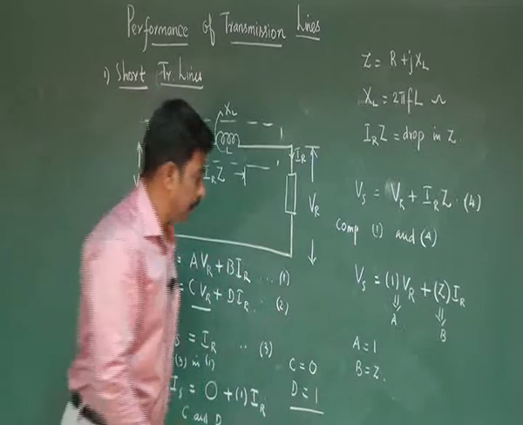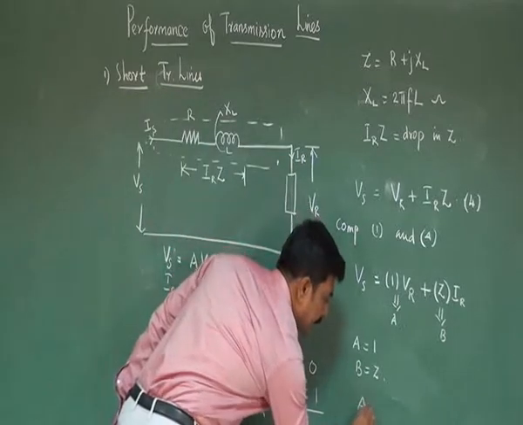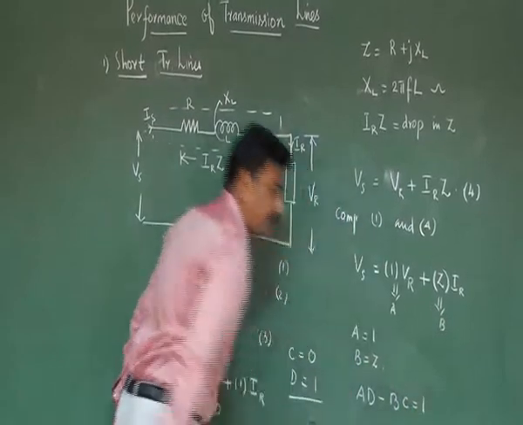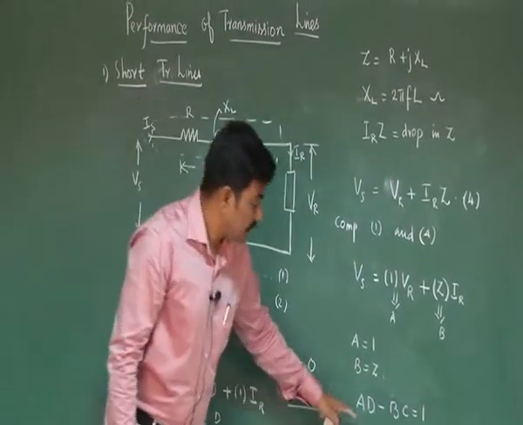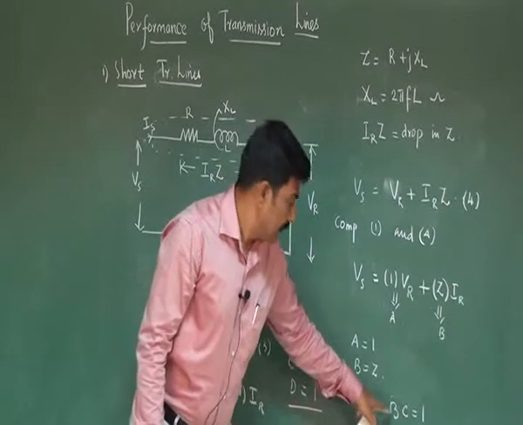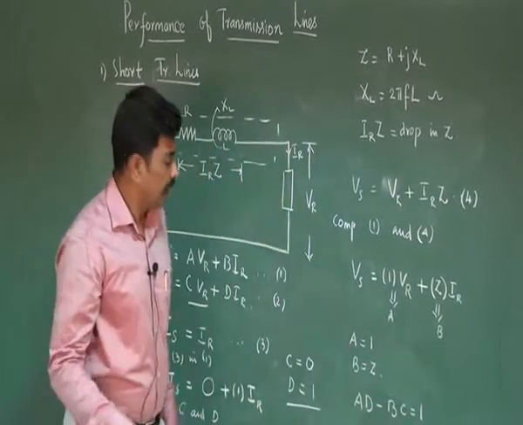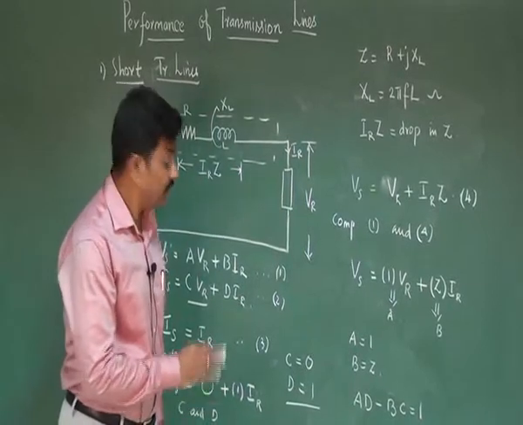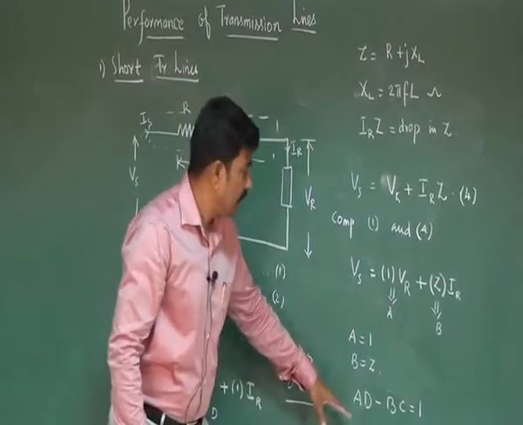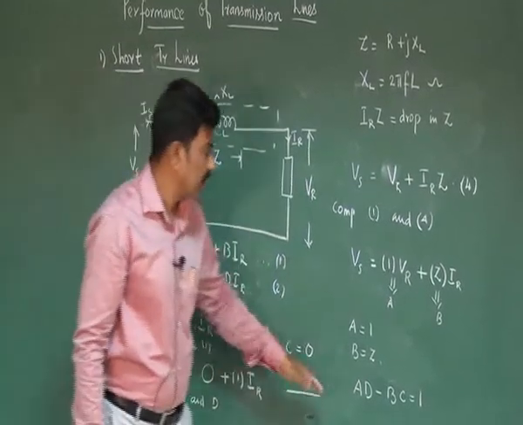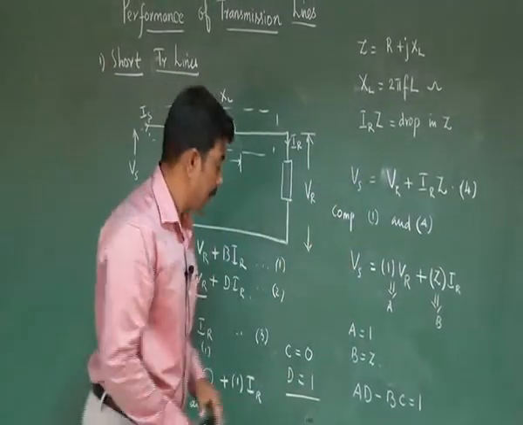That means the identity is AD minus BC is equal to 1, that is, the product of AD minus the product of BC is equal to 1. This is an identity which must be satisfied. If it is satisfied, everything is right, or otherwise we have made a mistake somewhere.